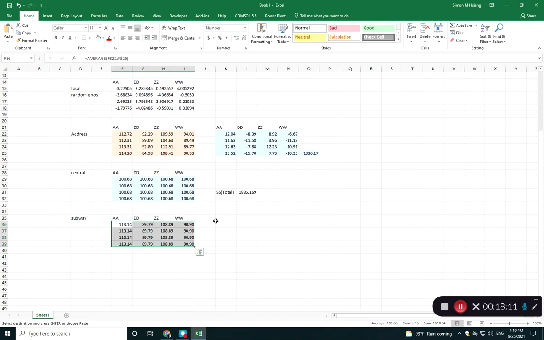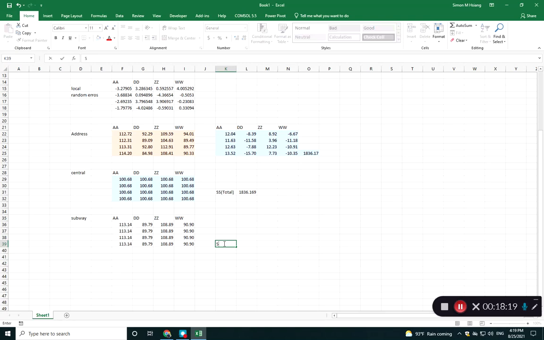Okay, so this time we'll have a sum of square, but this sum of square is the treatment sum of square. So let's just say sum of square treatment. And what is the sum of square treatment? Should be the sum of the differences.